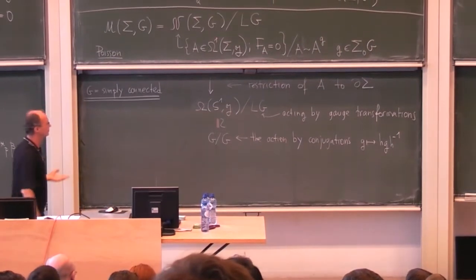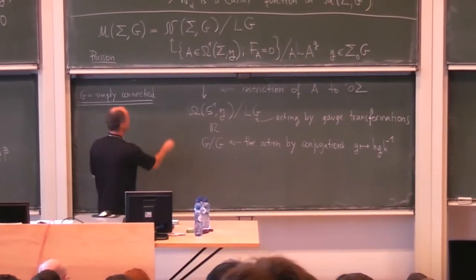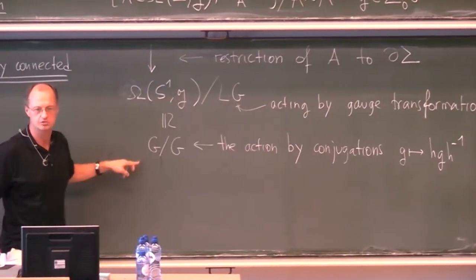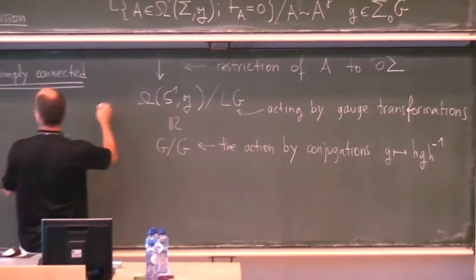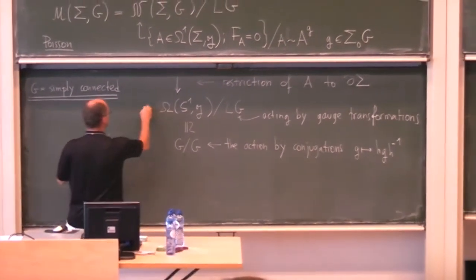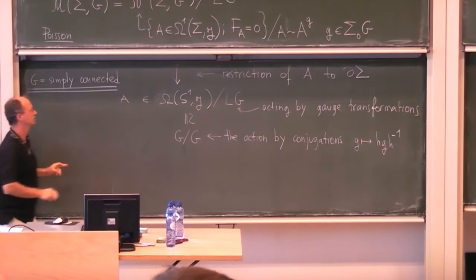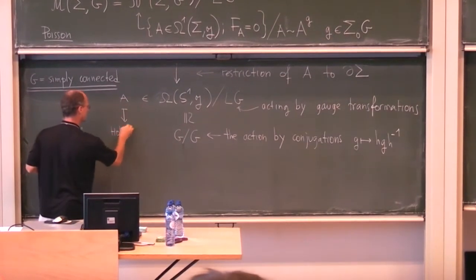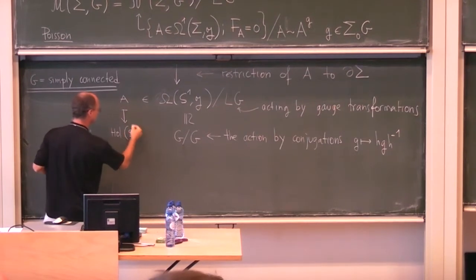Now, just to give an indication why this might be true. So, what will be the map from omega S1 G to G? Well, this map is just what we described up there. Suppose I take an element here. So what I do, I'm just mapping it to the holonomy.